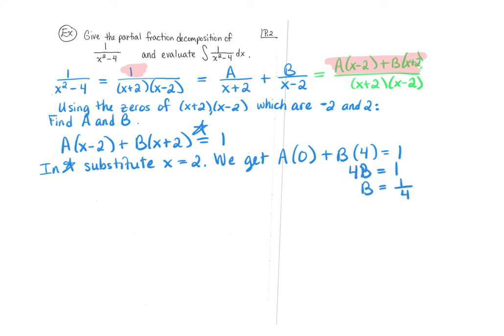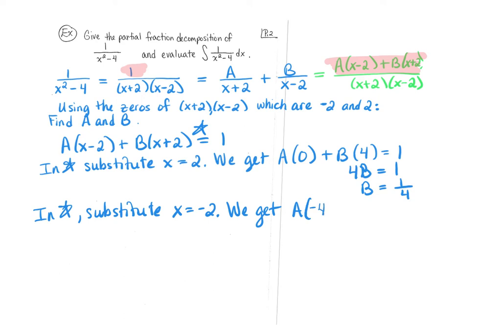So let's find a. So in star, substitute x equals -2. We get a. We're substituting in -2 now, so that's -2 minus 2, which is -4.